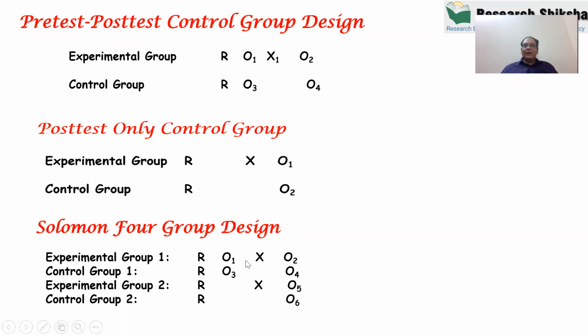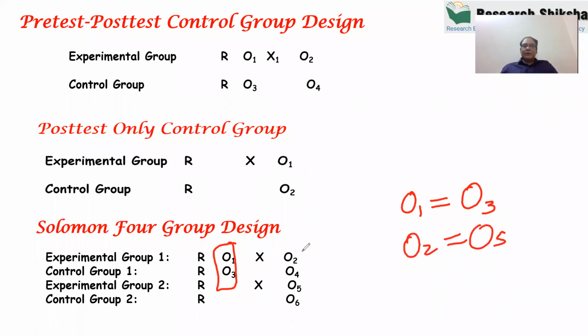So in the Solomon design, what you need to prove, I'm just writing here: O1 should be equal to O3, O2 should be equal to O5, and O4 should be equal to O6. These should be equal.